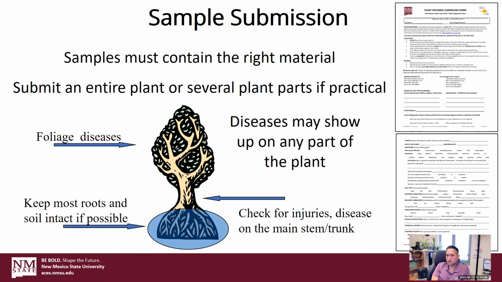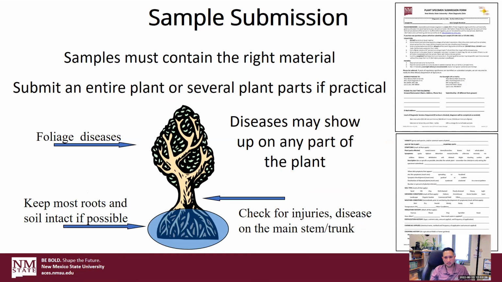Now, just a quick mention about sample submission. That's very important. The samples must contain the right material, right? So if you suspect there's a root issue, we need to see the roots. We can't see the branches and make that determination.